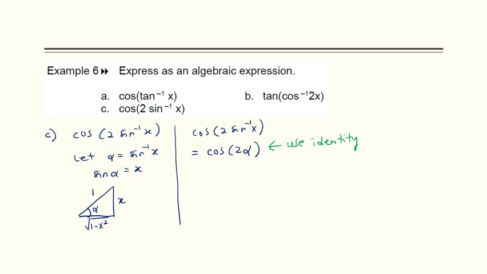So, boleh guna salah satu. Okay, saya tulis kat sini lah. Cos 2A sama dengan, so ada banyak lah, cos square A minus sin square A, or kita boleh guna juga 2 cos square A minus 1, or 1 minus 2 sin square A.